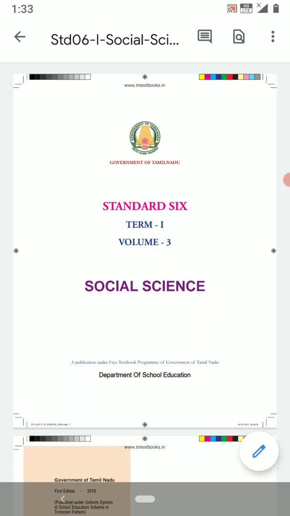Children, in 5th standard, you have learned social science as a single subject. But now, we have grown up to 6th standard. You have studied social science under 4 headings or titles.